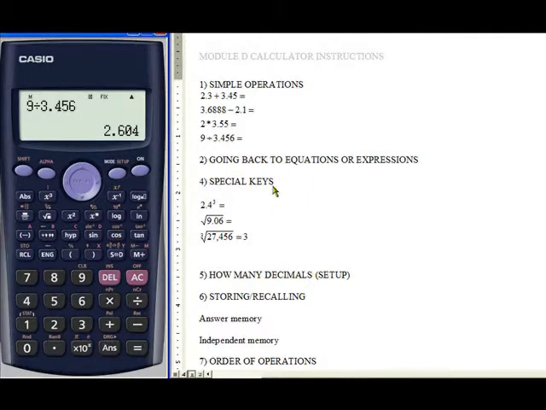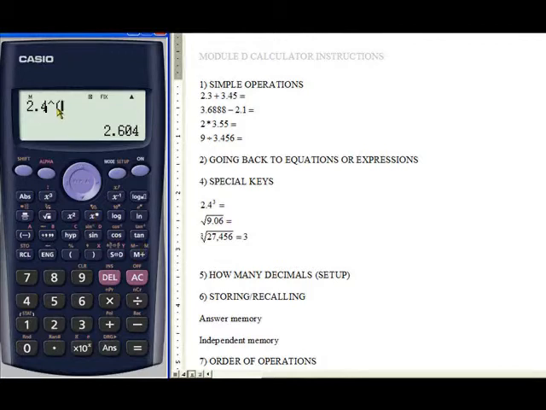Now, if I want to do certain special things like 2.4 to the cube, you look in here, these buttons are usually like x to the y or y to the x or x to something. So I'm going to push this.